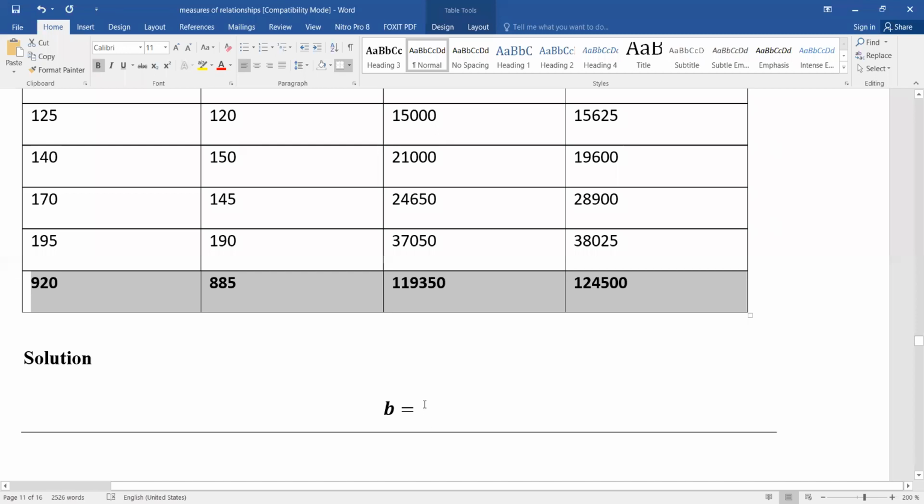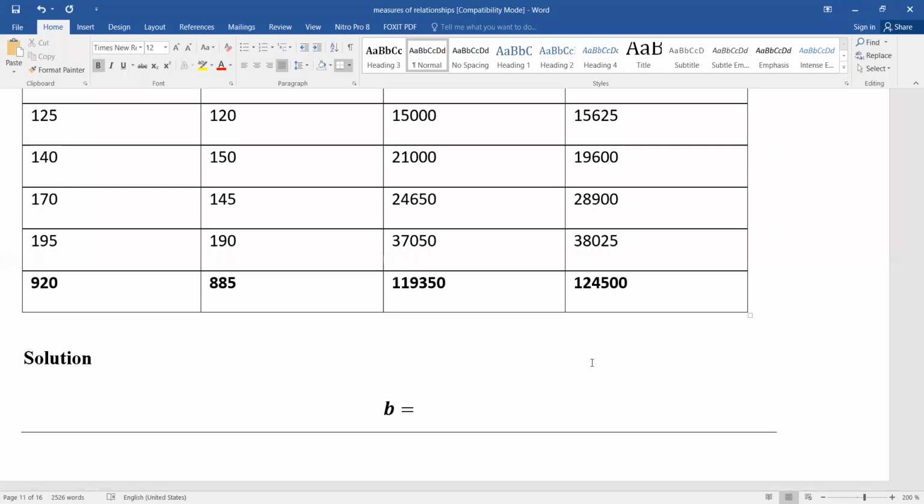So we calculate B together. Calculate B and give me the value of B. Follow the formula.